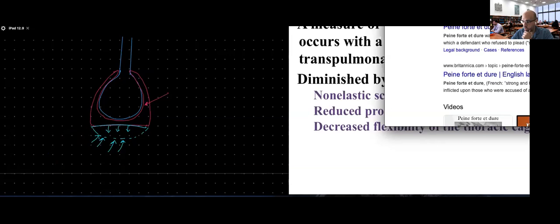So what's going to be the effect here? If you can't reduce the volume of the chest, what's going to happen? You are not going to be able to drop the intrapleural pressure in here. And if you are not able to drop the intrapleural pressure, you are not going to be able to increase the transpulmonary pressure. And if you are not able to increase the transpulmonary pressure, your lungs will not expand.